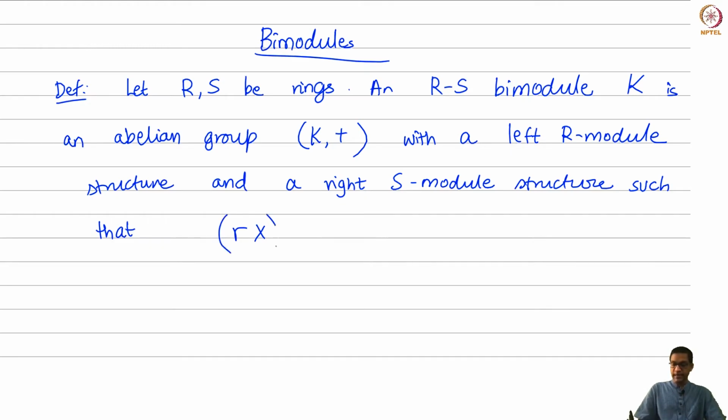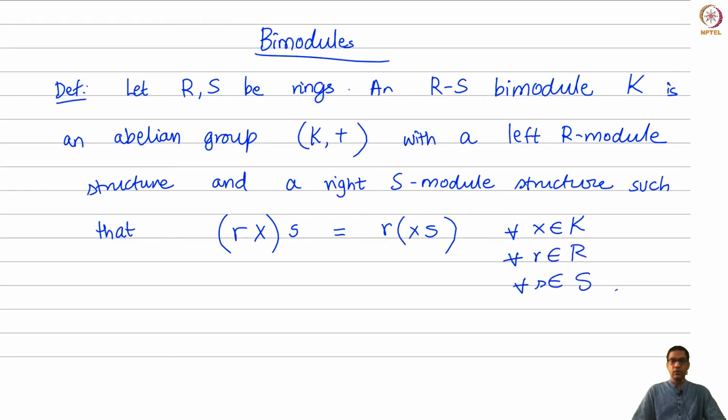But I take this element and then right multiply it with an element from S, which again I can do because my set K has a right S module structure. So Rx right multiplied by S, I demand should be the same as first right multiplying X by S and then left multiplying by R. This should be true for all elements X in K, for all scalars R in R and S in S. Any such thing is called a bimodule.